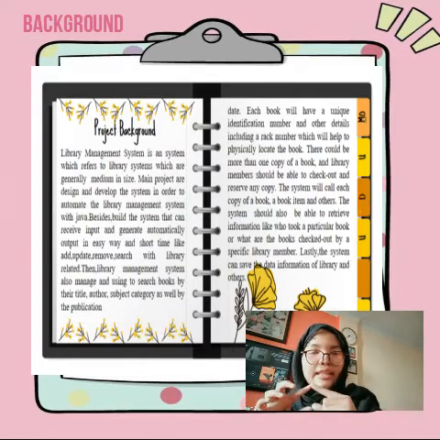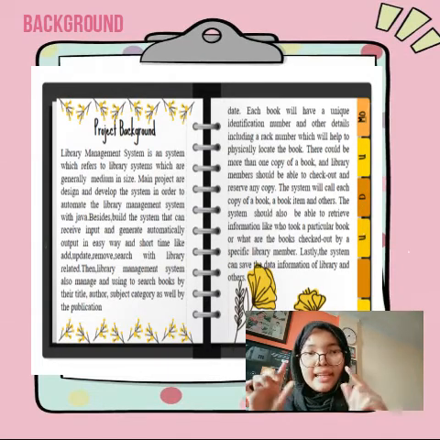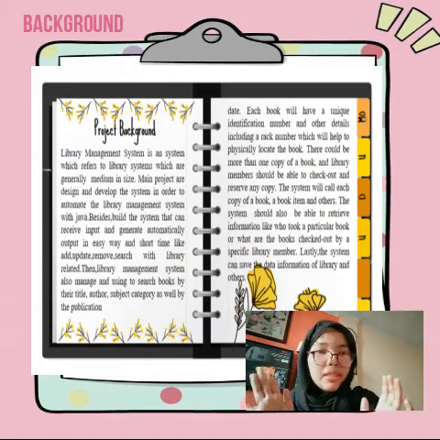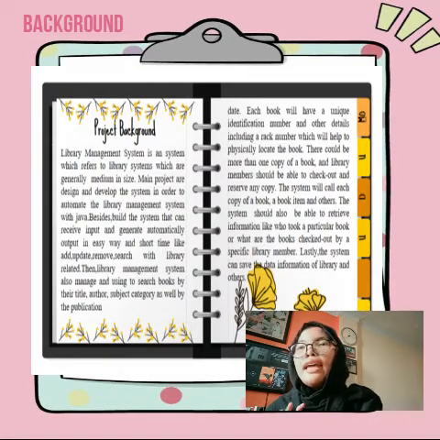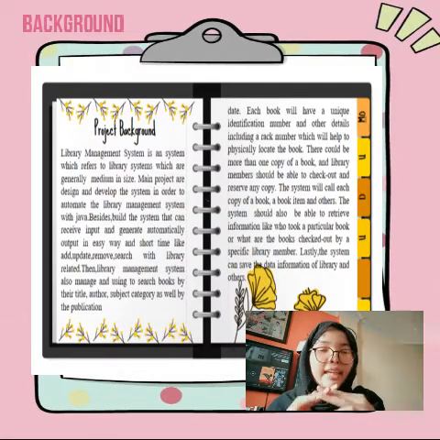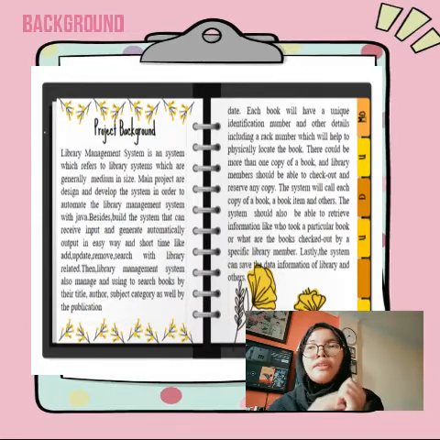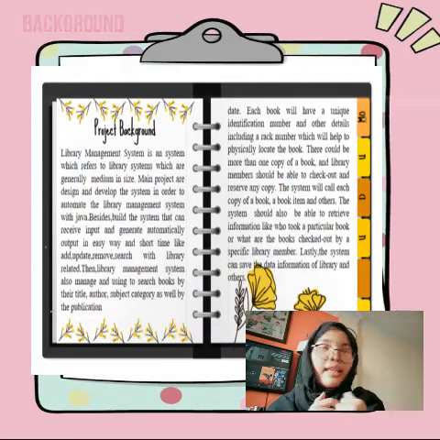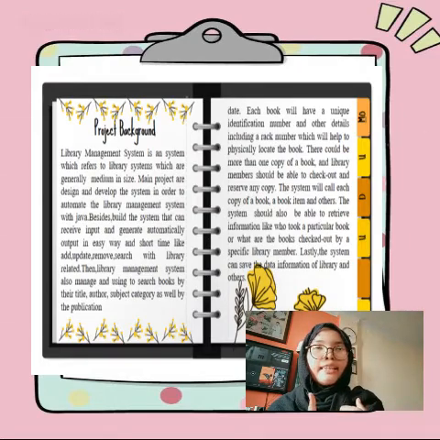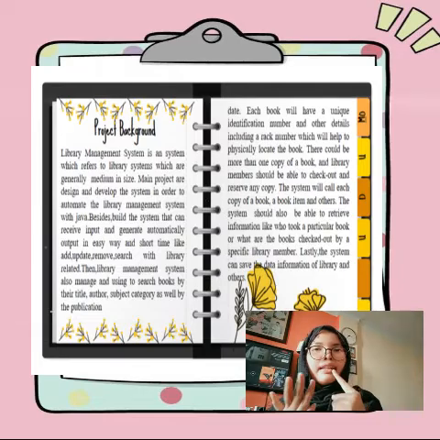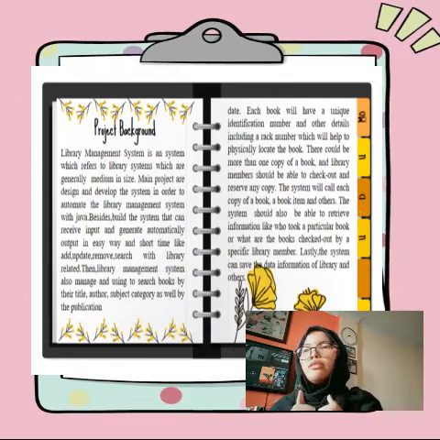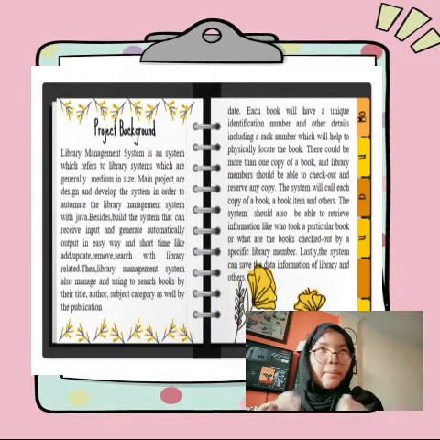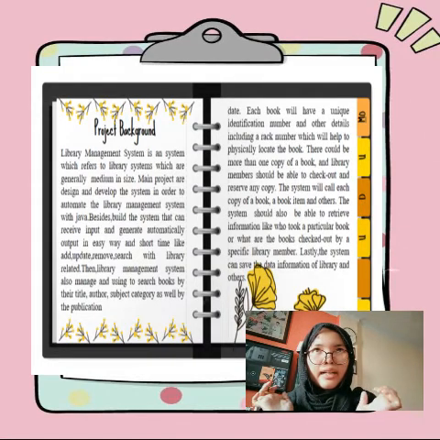Each number on their ID card is unique and cannot be shared with anyone. And lastly, the system stores the data information of a library. So for example, as I said earlier, it can store the book details, the library members, the librarians, and so on. So all things that happen in a library can be stored in this system.